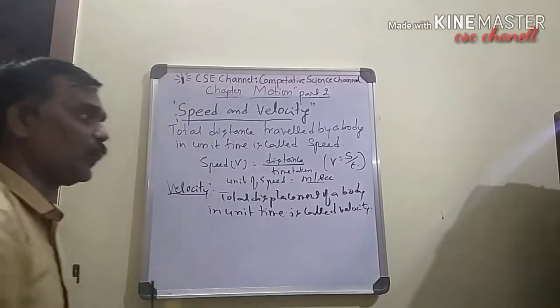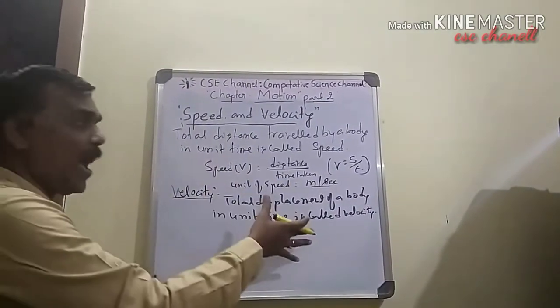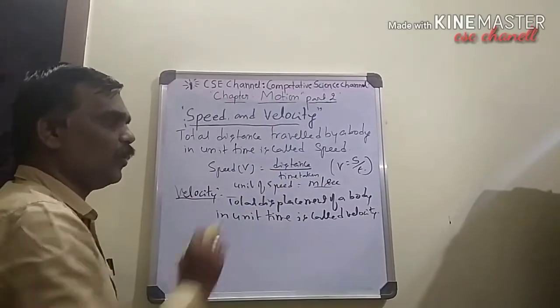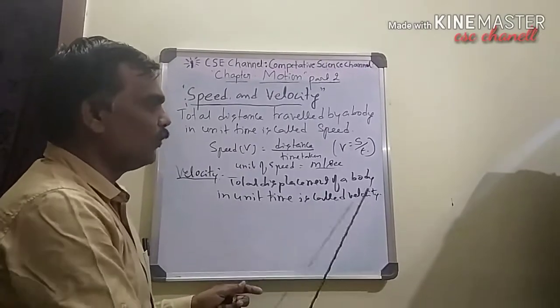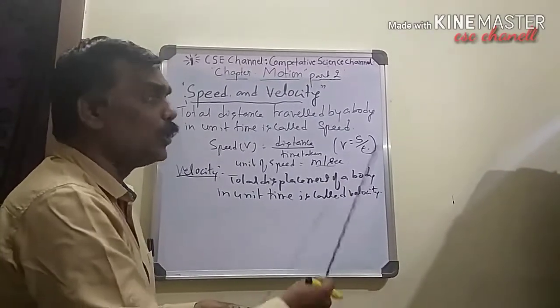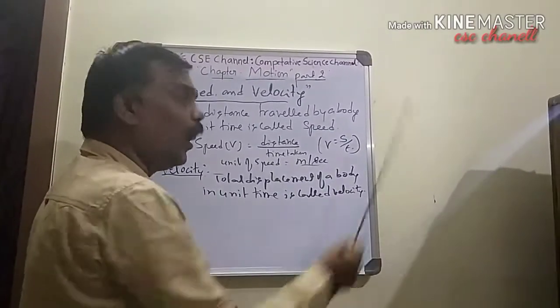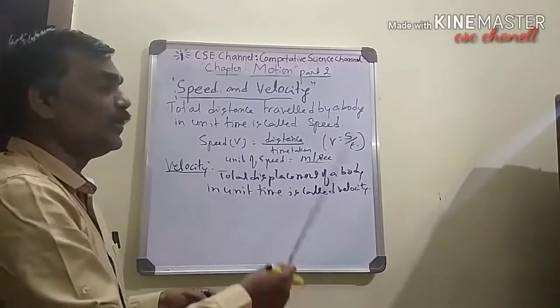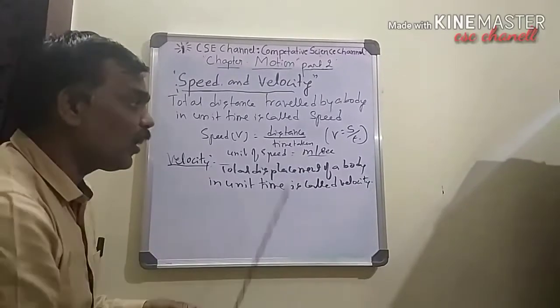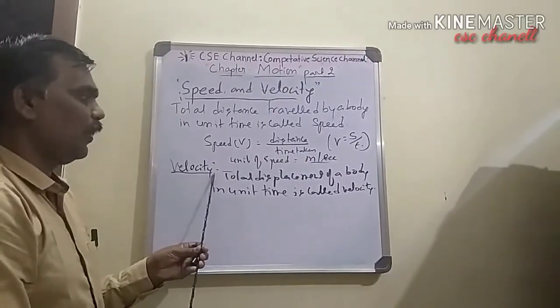Velocity is a vector quantity. It shows magnitude and direction. Example, the vehicle moves 60 kilometers per hour towards Bangalore, or it is returning from Bangalore with a speed of 50 kilometers per hour. That is called velocity.